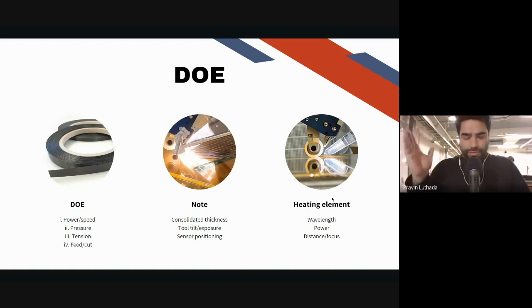You can change the tool tilt if you're not able to get to the speed that you desire with enough power. So now you know you need to overexpose with the heat input. That's what you really want to get here. And this once again will be the input for the simulation and sensor positioning.